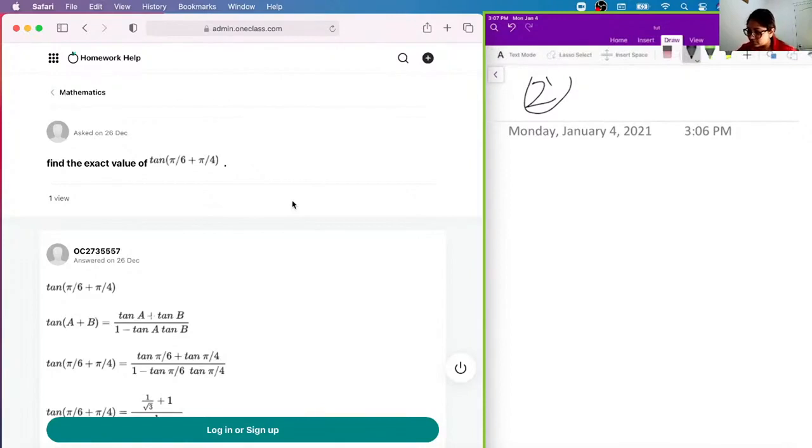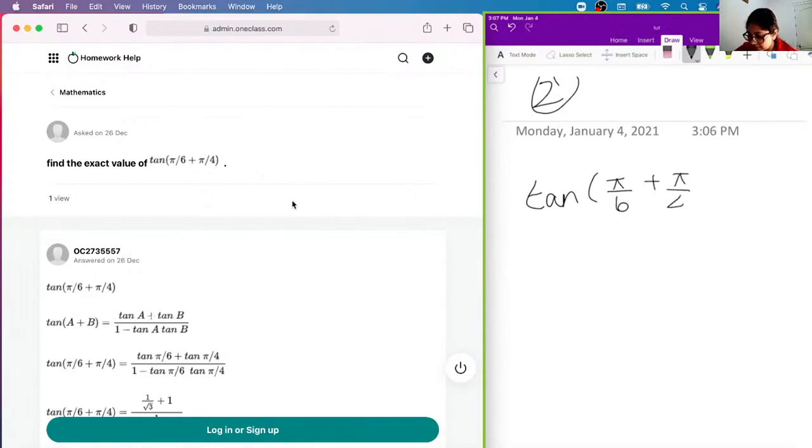I'll just write down the question: pi over 6 plus pi over 4. So given the identity, we can say that it's tan.